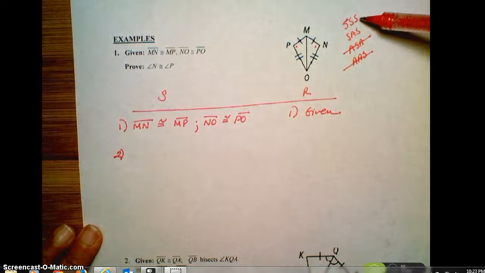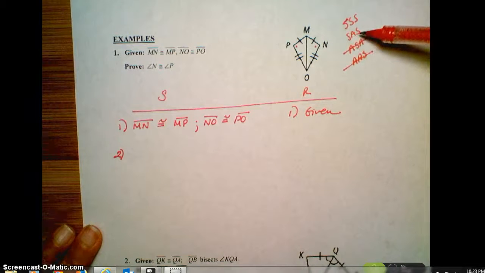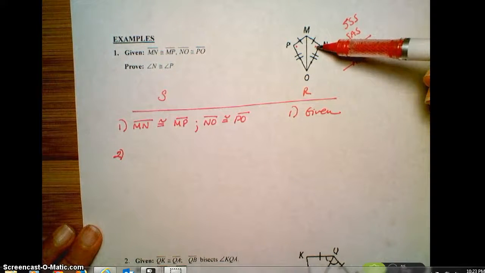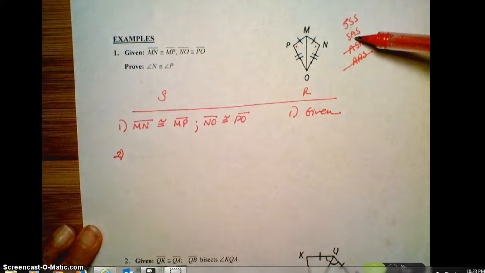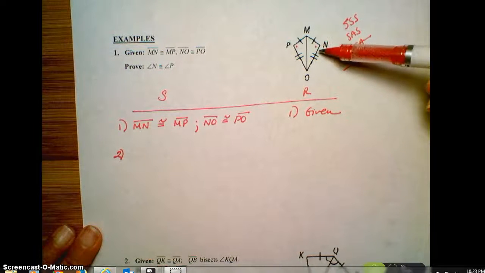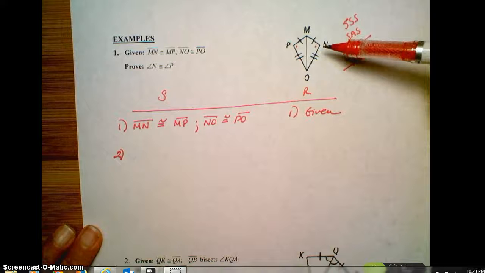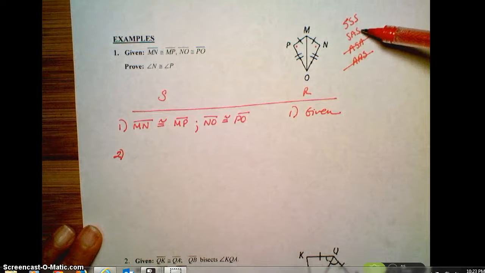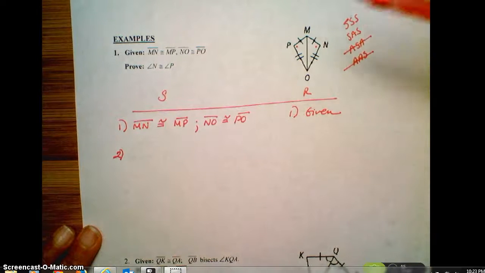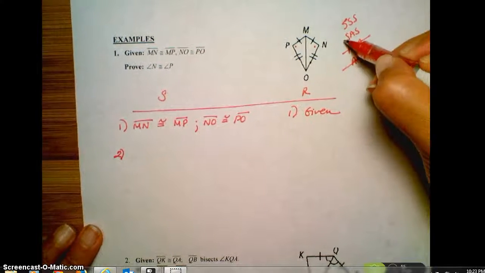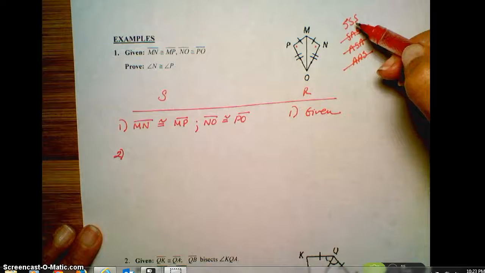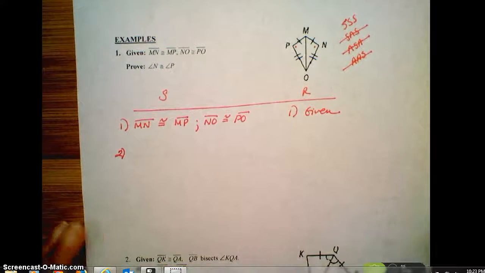That leaves me with side, side, side or side, angle, side. Side angle side would require that the angle is included by the two sides. That would be angle N and angle P. If we had that, we wouldn't need to prove the angles were congruent. So we're going to go ahead and cross that one out. And we're going for side, side, side.